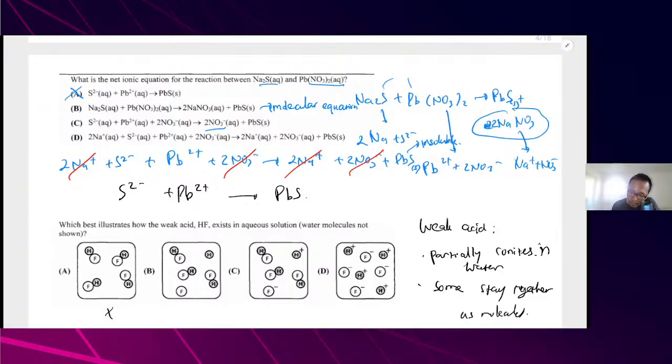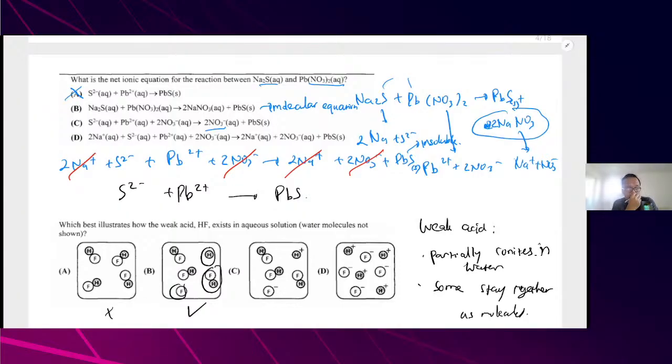You see mostly HF over here, and then you see F and H, which means partial ionization, which is perfect for a weak acid. And how about this one? H plus and F minus. Too many free ions.